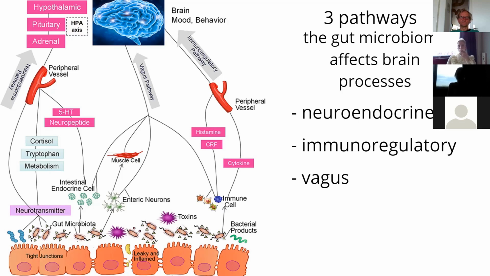Sometimes these pathogenic bacteria can produce neurotoxic metabolites, and these then travel through the blood to the brain and can cause damage there through many different mechanisms that affect mood, circadian rhythm, and can increase your chances of insomnia or worsen it.